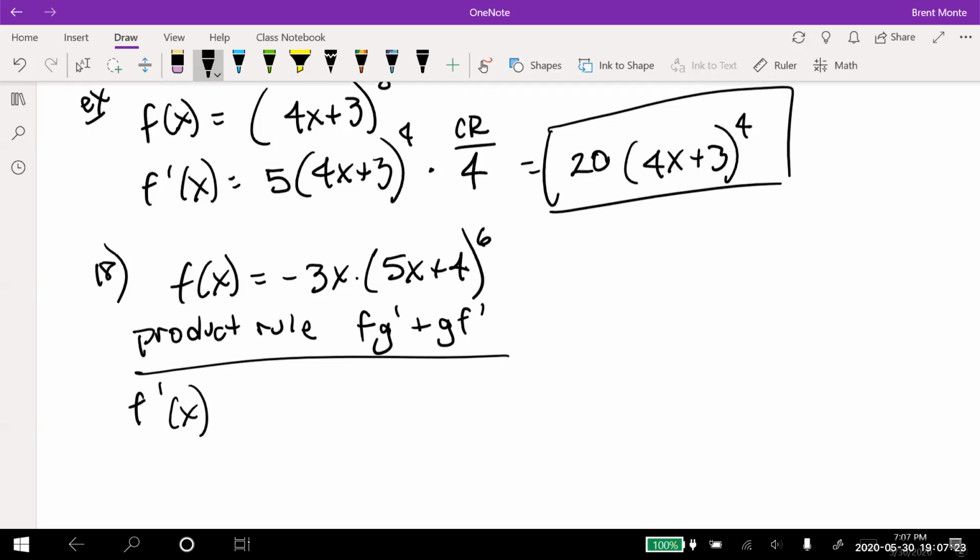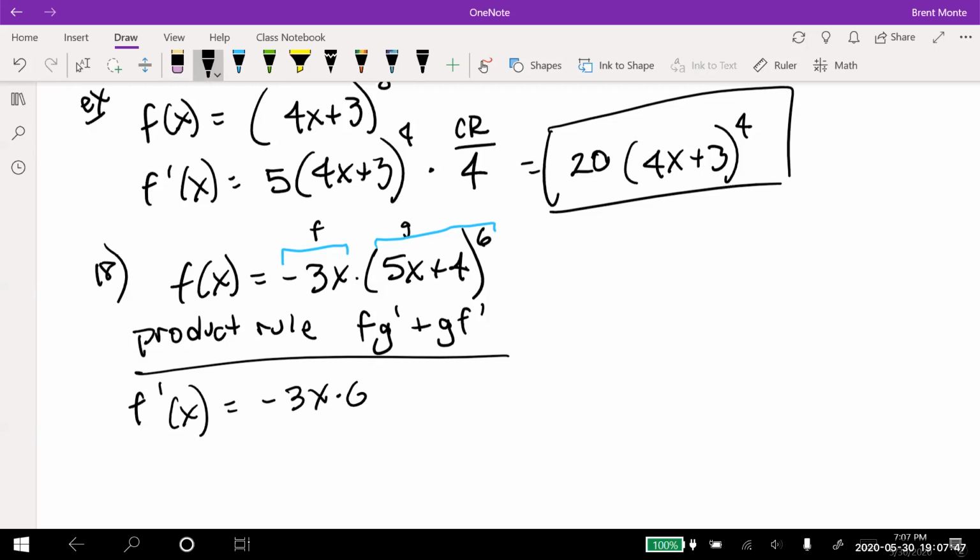So f prime of x. Now, when I say that, I'm using this to be f and this to be g. And by g, I mean the whole thing. So let's take a look. It's the first, negative 3x, times the derivative of the second.